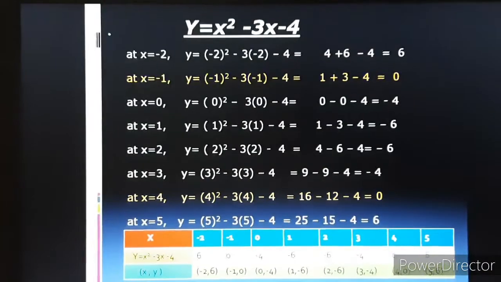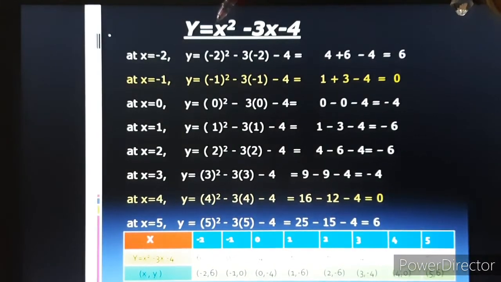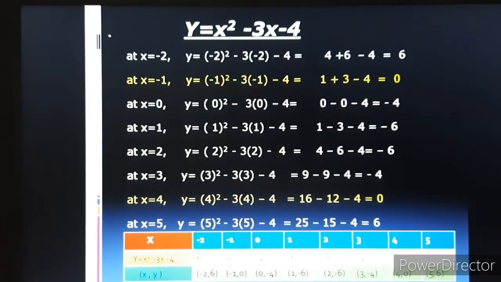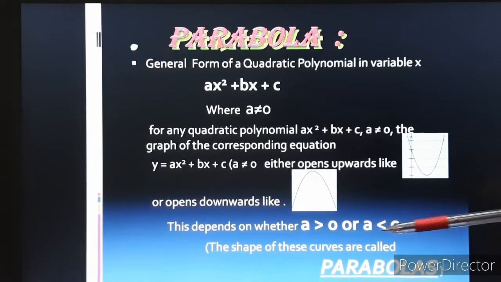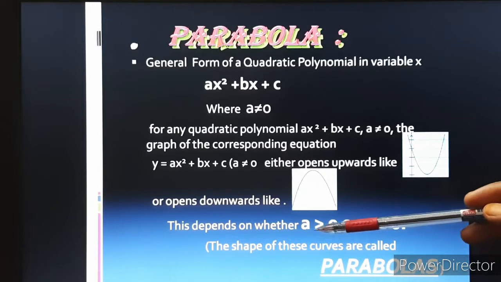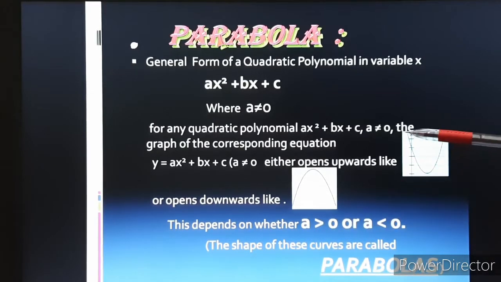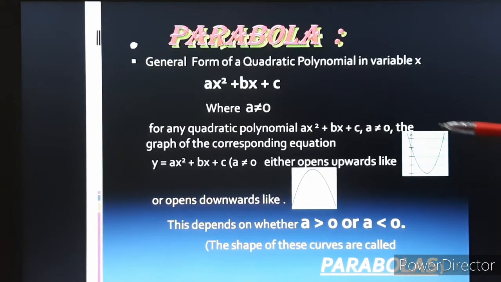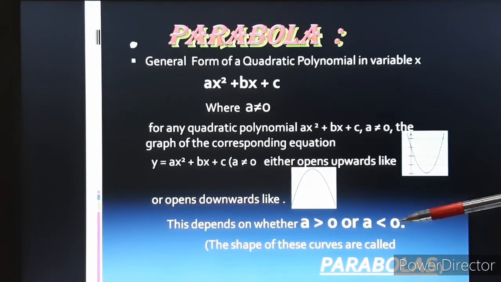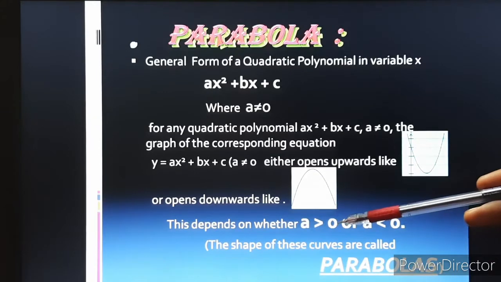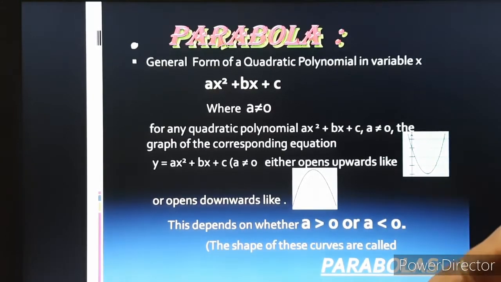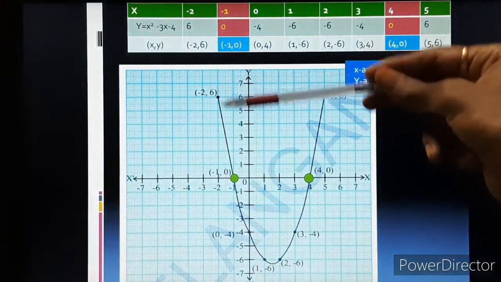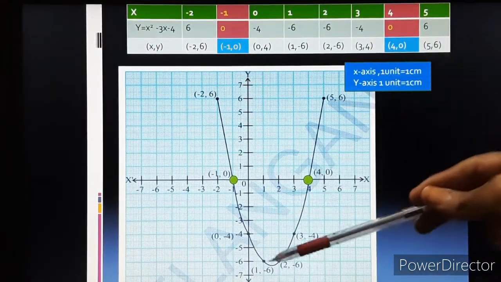See here. Value of a is 1 here, which is greater than 0. As we see here, a greater than 0, a less than 0. If a is greater than 0, the parabola will open upward. If a is negative, then you find it, right? Here is the parabola like this.